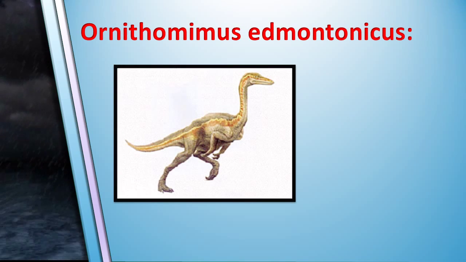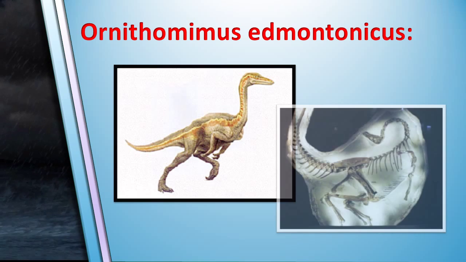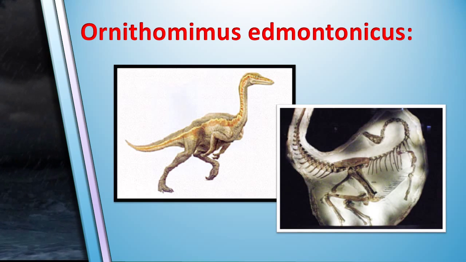Here, in these two images, we can see what this theropod dinosaur might have looked like when it was alive. And then we can see what its fossil looked like when it was found.